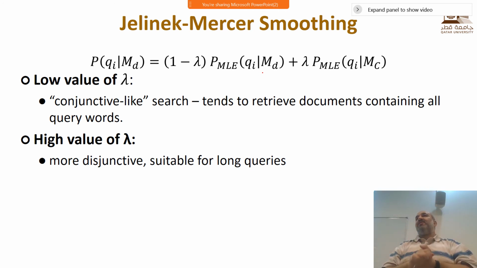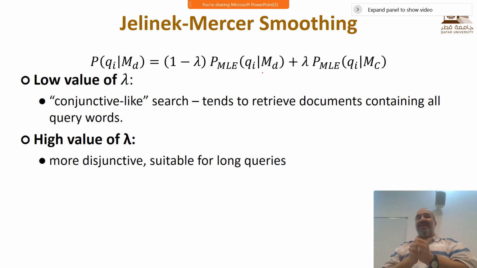By doing experiments, right? And evaluating the performance of the system using different values of lambda, right? How can we do the evaluation? Using test collections. Everything is connected. We are doing everything for a purpose.